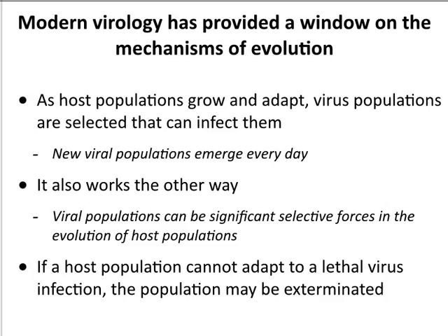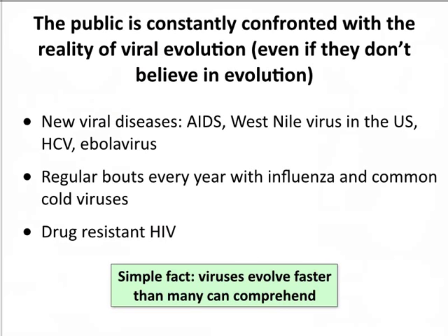And in addition, viruses can select host populations. They have wiped out entire organisms, and they can modulate how an organism evolves itself. And we'll see later how the virus-host conflict, as we call it, shapes the immune system. And if a host population can't adapt, it'll get wiped out. And we being here today, humans, we haven't been on the earth that long, our presence shows that we've been able to adapt to virus infections at least until this point.